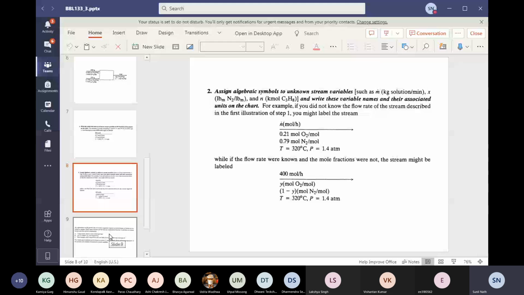Generally we ought to start from the minimum number of variables, or we should first try that balance which gives us one of those variables directly without putting them in an equation which involves solving several variables simultaneously. So that principle would be very good if you can follow that all the time.